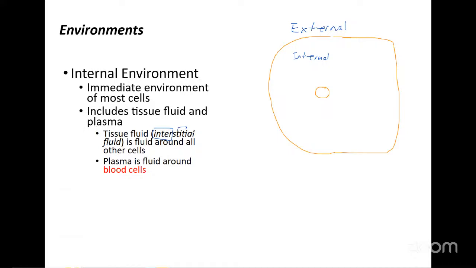But we have a very special type of fluid that's in your circulatory system, so basically in your blood. So we're going to be more specific for the cardiovascular system. It's our little loop of blood. Okay. So we have our blood cells bathed in a slightly different type of fluid called the plasma, specifically surrounding those blood cells. So we've got plasma here.